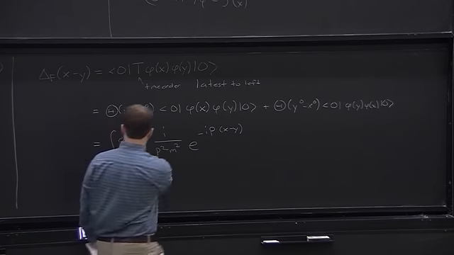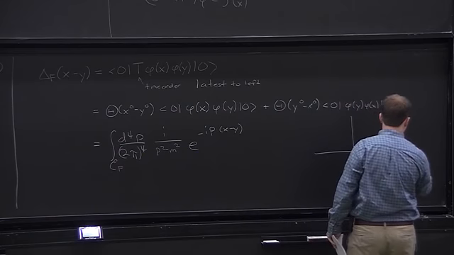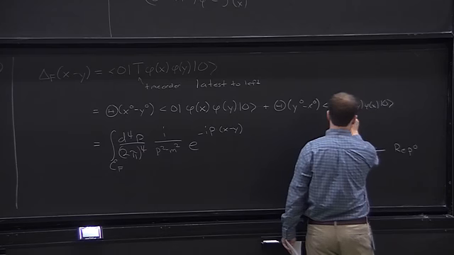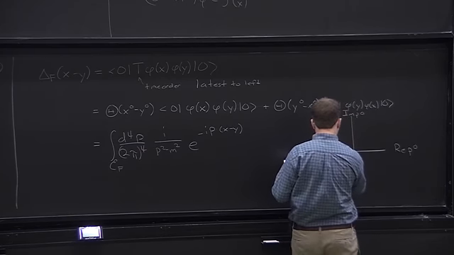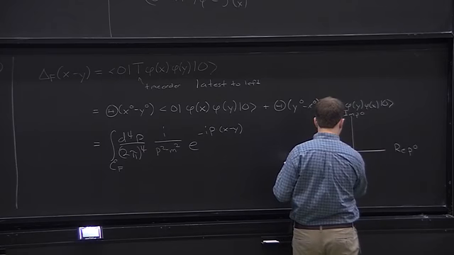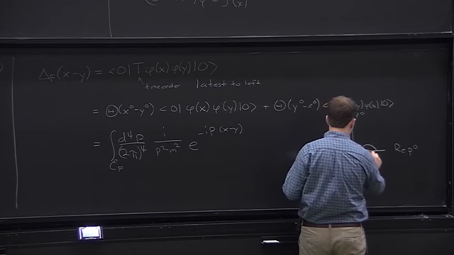The Feynman contour avoids the poles as follows. So it goes below the pole at minus E_p and above the pole at plus E_p.